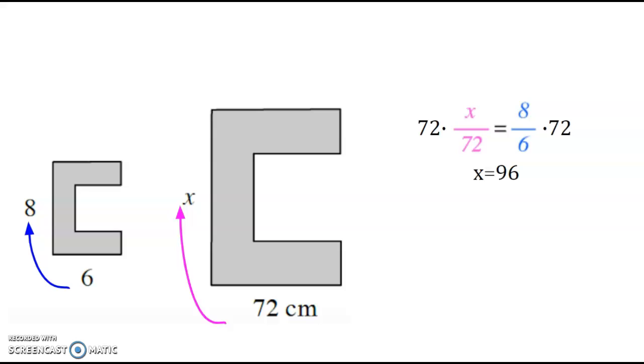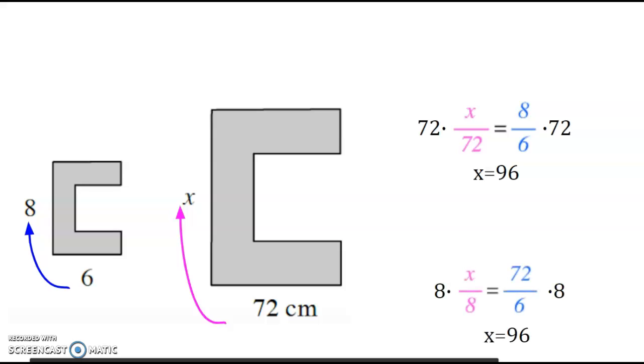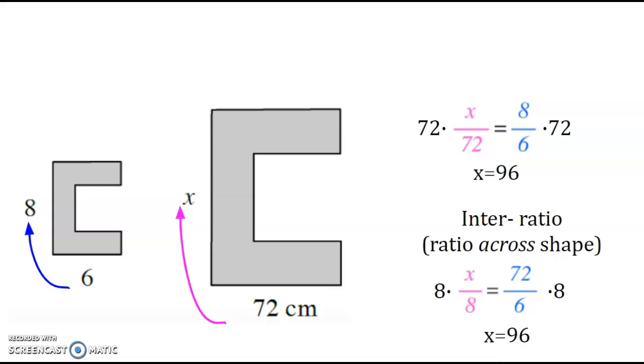So it seems to work that you can use either ratio. The previous one, we set it up as x over 8 equals 72 over 6, and it still worked. In the previous example, we did the inter ratio, the ratio across the shapes. We compared the ratio between one shape and the other shape.